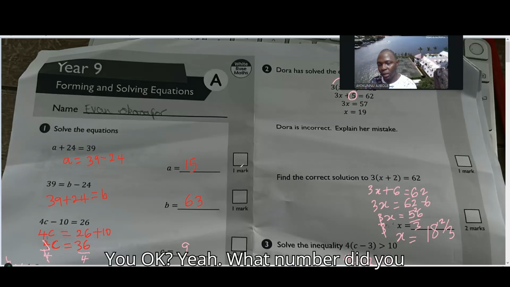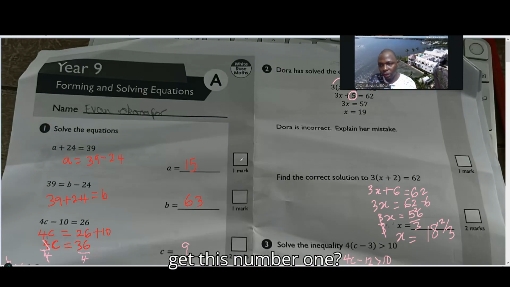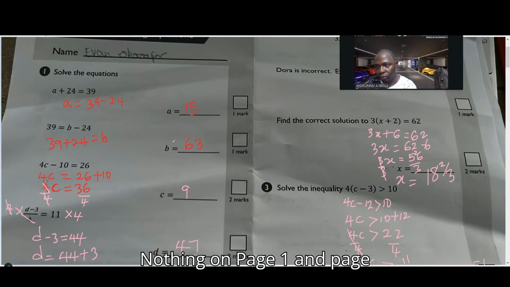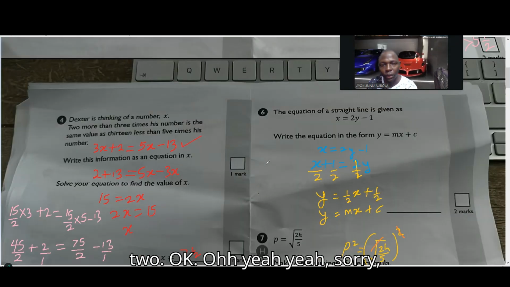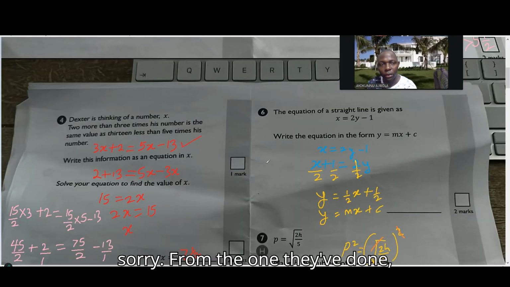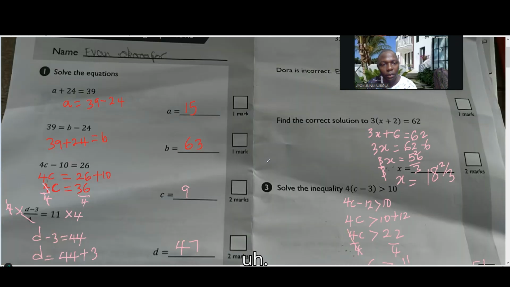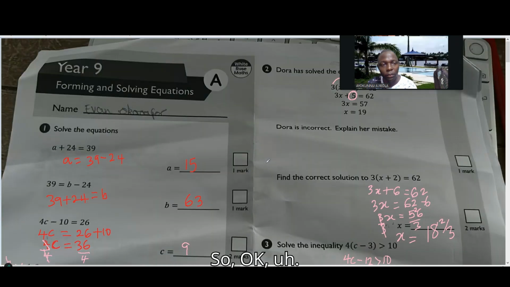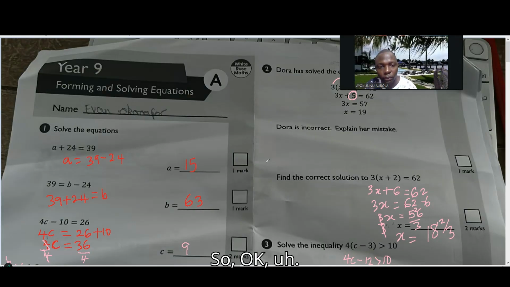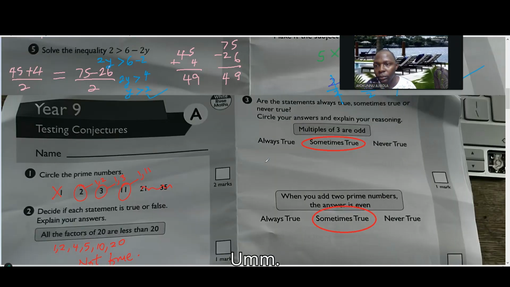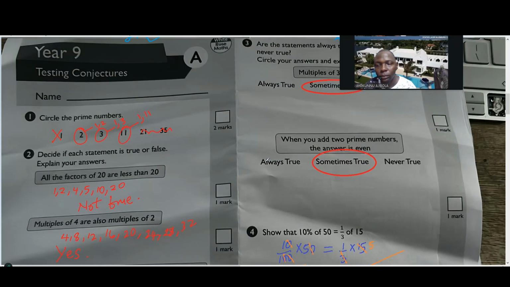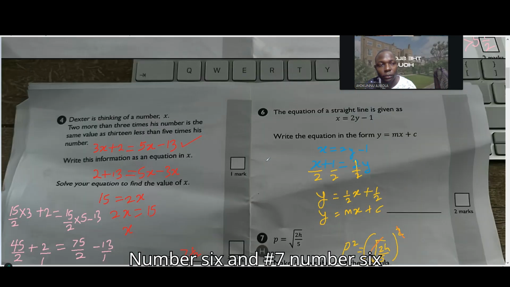Yeah, okay. What number? Do you get this number one? Nothing on page one, and okay, page two. Sorry. So from the one we've done, number six and number seven.